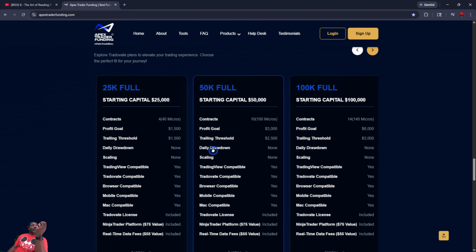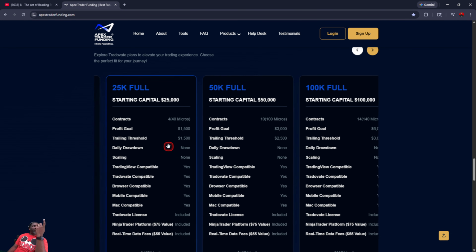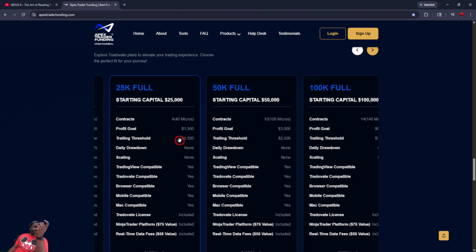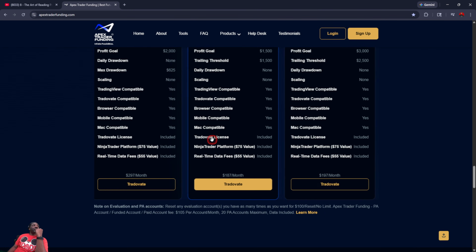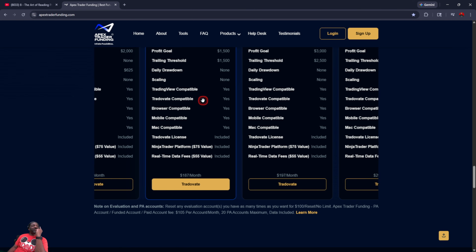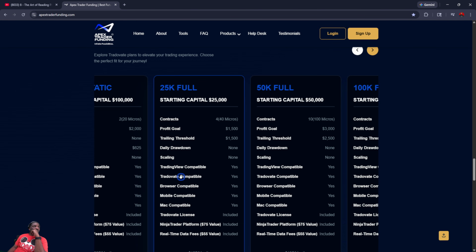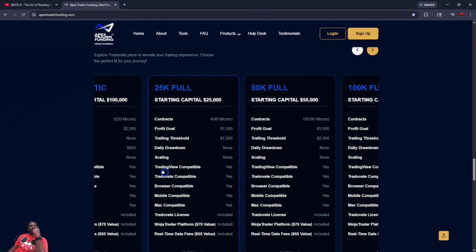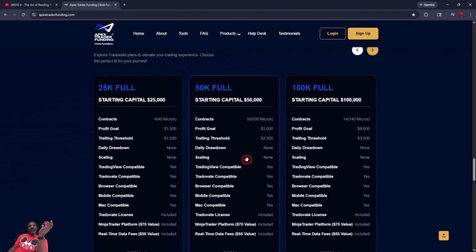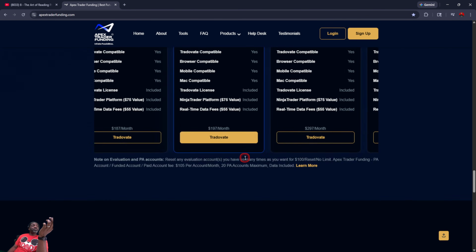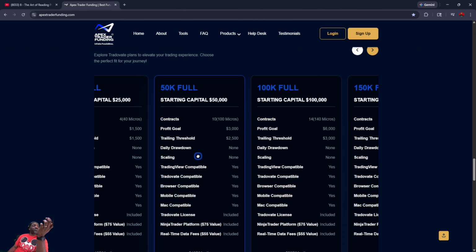Now, the thing of it is, with the 25K, I haven't done the 25K in a while, but I think the max you can withdraw is like 1,500 per payout. I can't remember, but I know on the 50K, the max you can withdraw is 2,000 per payout.